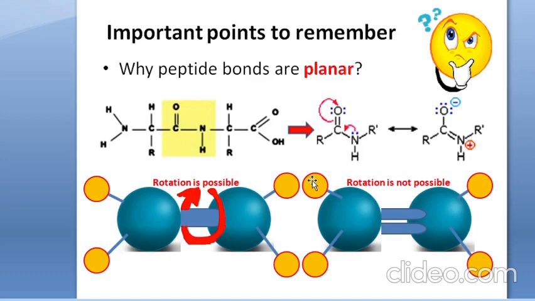The partial double bond character between C and N prevents rotation, and that is why the peptide bond exists in planar form. In this diagram, if two spheres are connected with two sticks, obviously rotation around these sticks won't be possible, due to which this kind of molecule will exist in planar form, and that is why peptide bonds are planar.